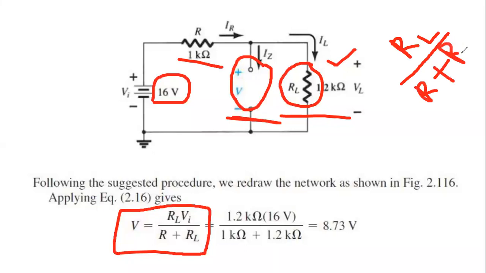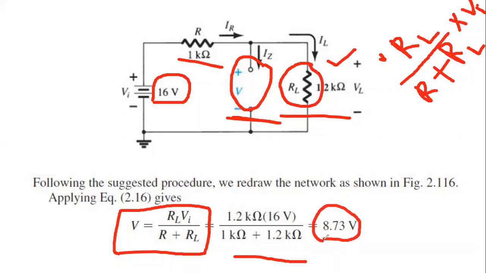You might have learned from the circuit course that RL will be in the upper side and the total resistance will be the lower side, multiplied by the total voltage VI. So RL divided by R plus RL into VI. If we put in all the values, we get 8.73 volt.